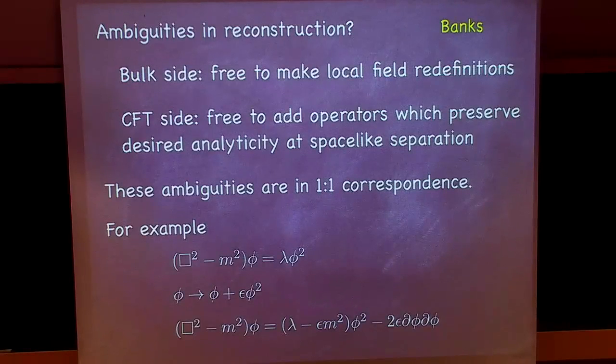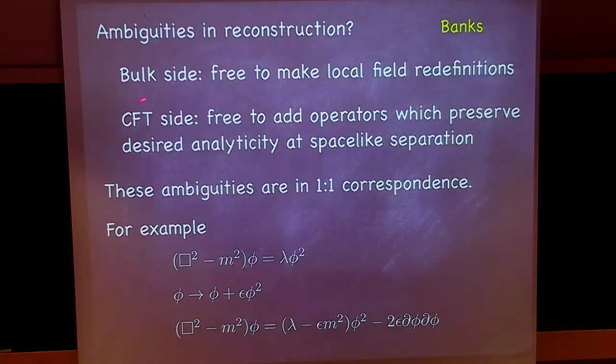So yeah, there've been some questions, and this is something that Tom Banks raised as an issue a while ago. You could object to this on the grounds that there must be some ambiguities in this reconstruction of a bulk theory. And I think you can see this both from the bulk side and from the CFT side.